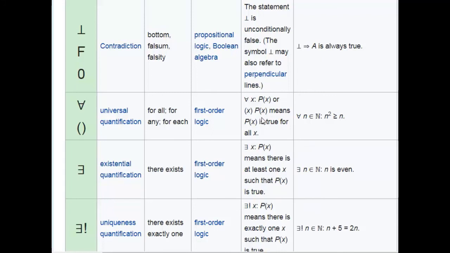So P(x) means P(x) is true for all x. One more time. For all x, P(x). It means P(x) is true for all x. For example, for all n belongs to natural numbers, n squared is greater than or equal to n. It is true for all natural numbers.